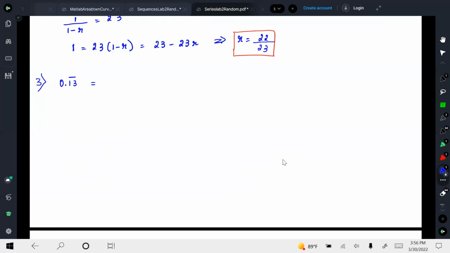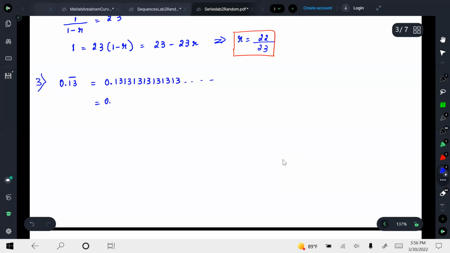Now, in order to expand this, remember, if you remove the bar, then you have to write the number in this form, and it keeps on repeating and so on. If you want to write it as a sum, let me start writing it as a group of two numbers.